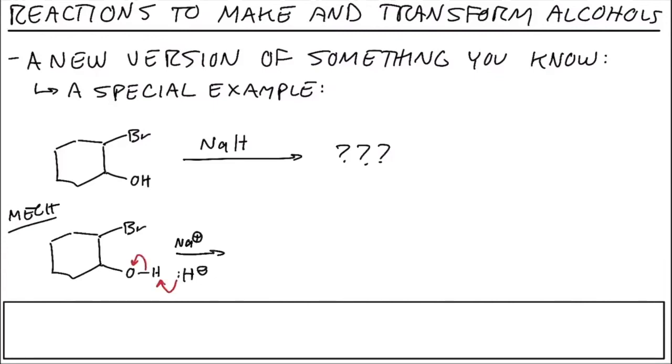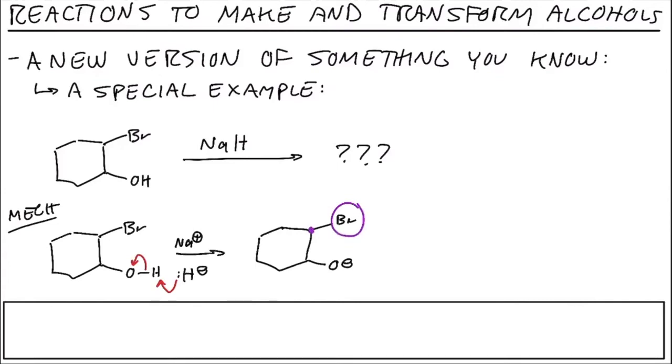Like so. We get to this O with a negative charge on it. And now what? Like I said, there's no second step. We aren't adding in an electrophile. But if you think about it, we do have a leaving group right here. So that means that this carbon that's attached to that bromine is actually kind of electrophilic.